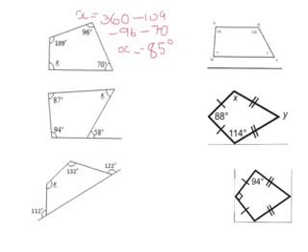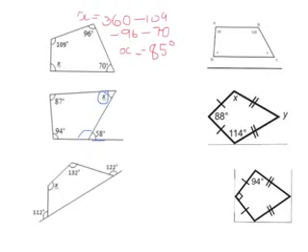Okay, let's have a look at the next one, see if I can write neater this time. Okay, so this time we're missing this internal angle here, but we can work it out because we've been given the angle of 58 degrees, and we're going to find x. So 180 minus 58 will give me this internal angle. So 180 minus 58 is 122 degrees.